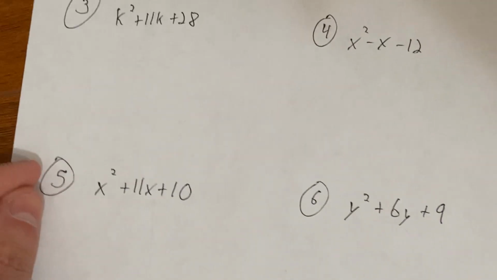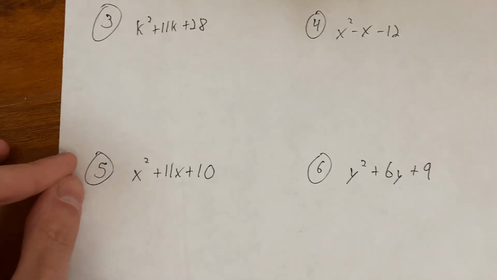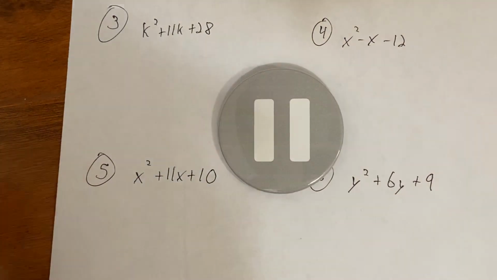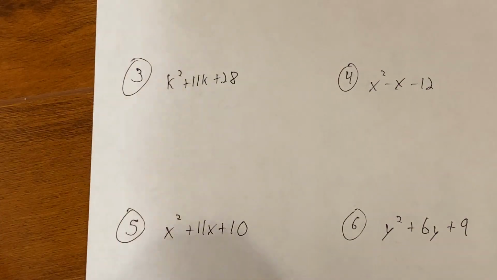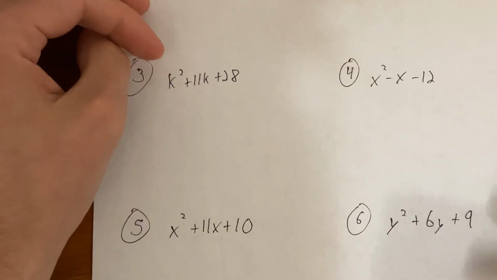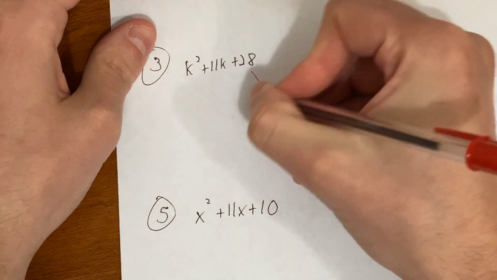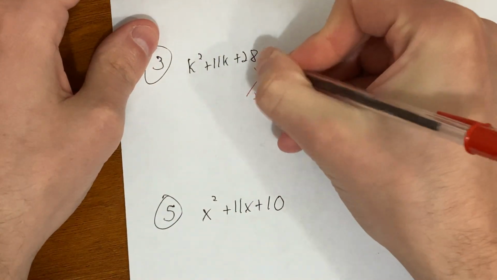I'll do these here. If you guys want to press the pause button and try them, you can. And then I'm just going to show you the answers and do them somewhat quickly. So, I love the pause button. Here we go. What multiplies to 28 and adds up to 11?